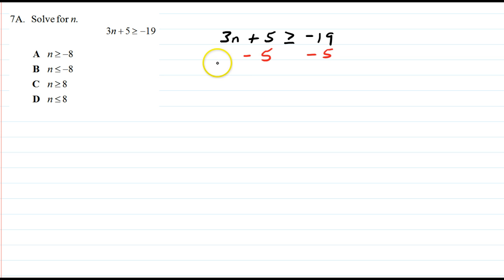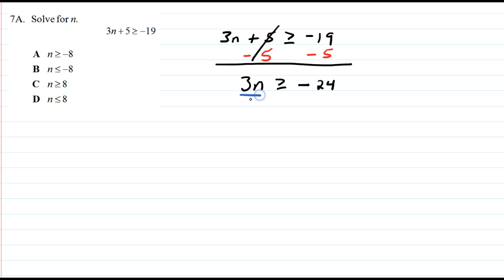And so it's important that you know how to work with the positive and negative numbers. So here, these are opposites, so they become 0, so that goes away. When I have both negatives, my answer is going to stay negative, and now I just add them up. So 19 and 5 makes 24.